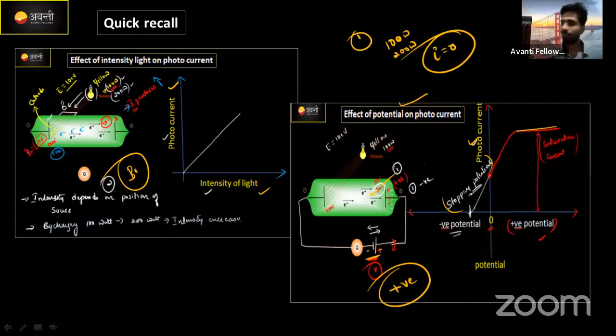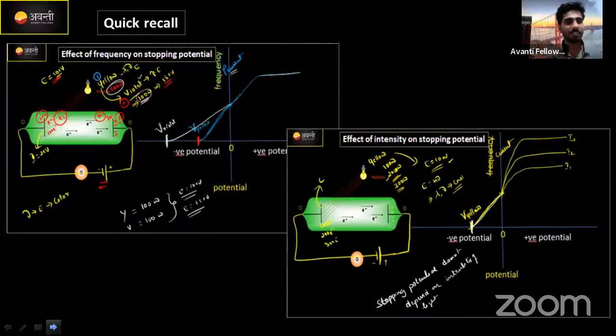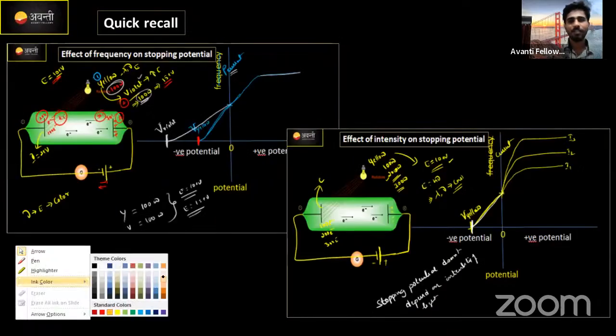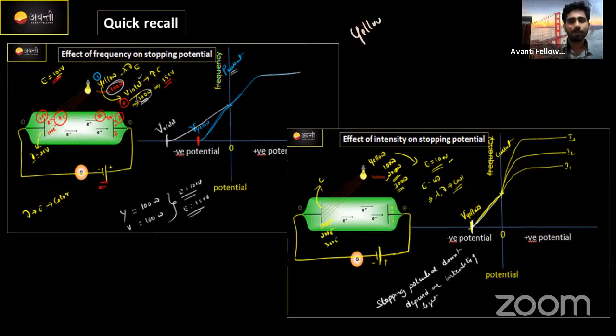Clear enough? Cool. Next we discussed the effect of frequency on stopping potential. Now what are we doing? Frequency को change कर रहा है. First we took a yellow bulb, 100 watt, intensity same था.